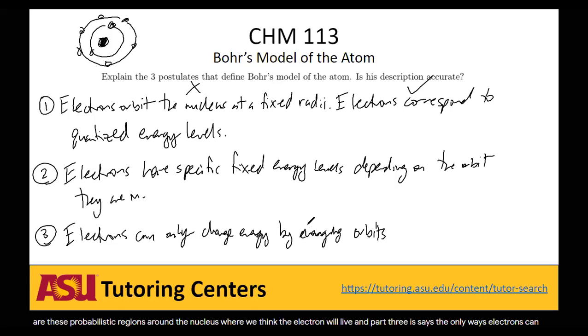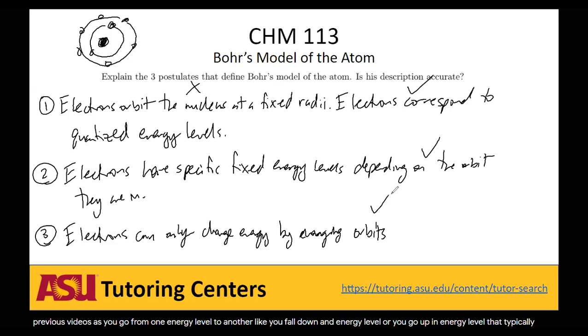So an electron can only absorb or release energy by changing orbits, and this is something we in fact agree with today, and we talked about it in previous videos. As you go from one energy level to another, like you fall down an energy level or go up an energy level, that typically corresponds to the release or absorption of a photon, an energy packet.